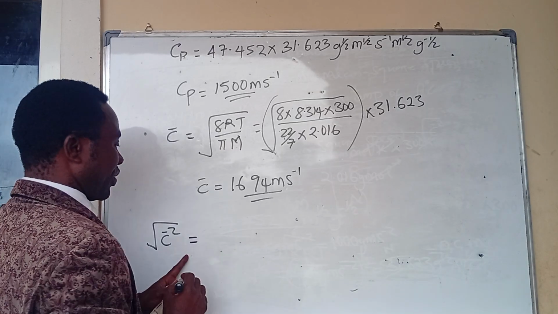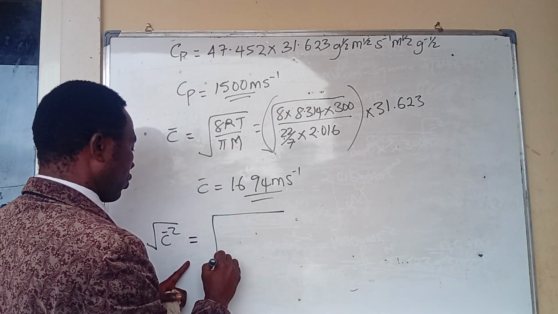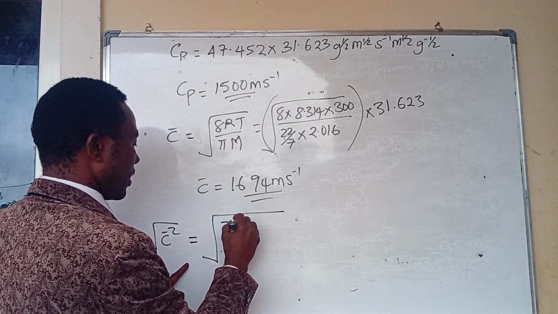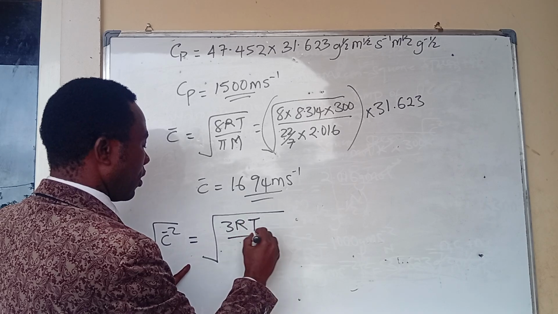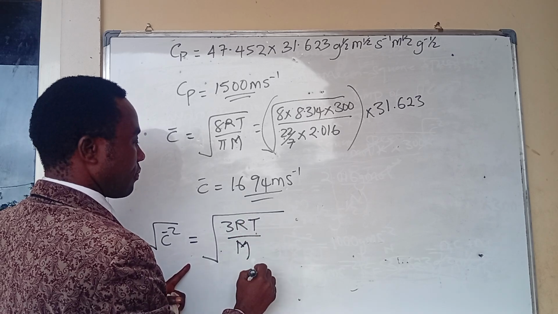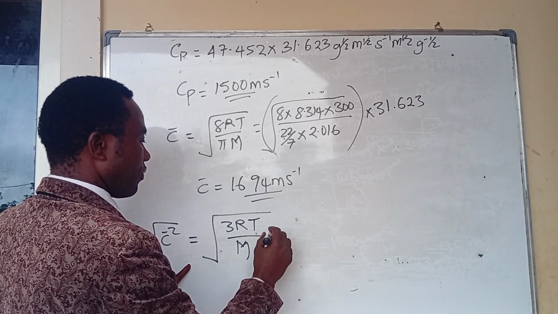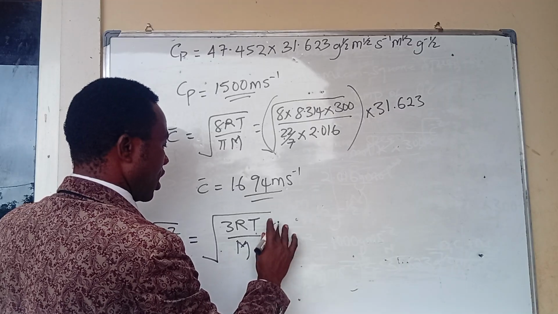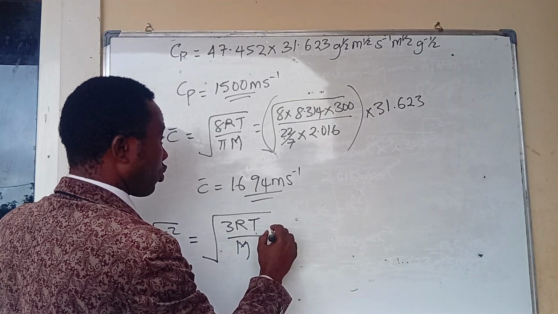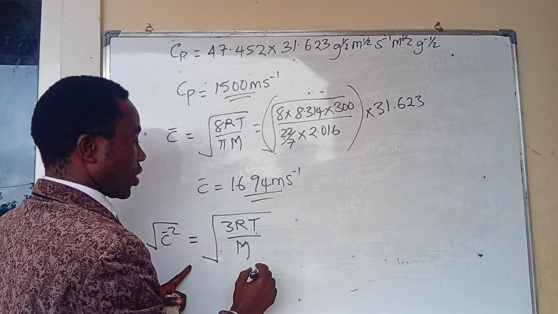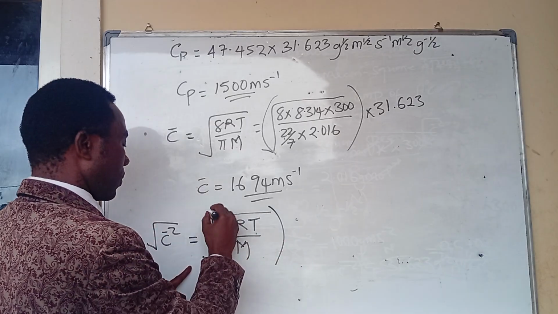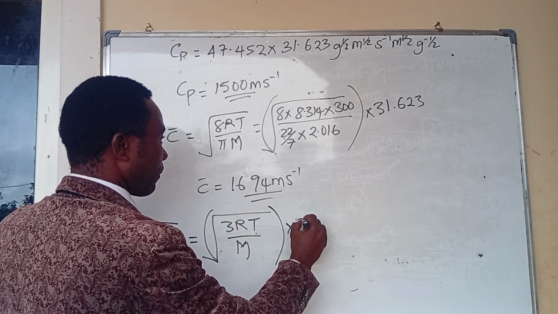The root mean square speed is square root of 3RT all over M. Which, if we want to make it to become in meters per second, we simply multiply by what?